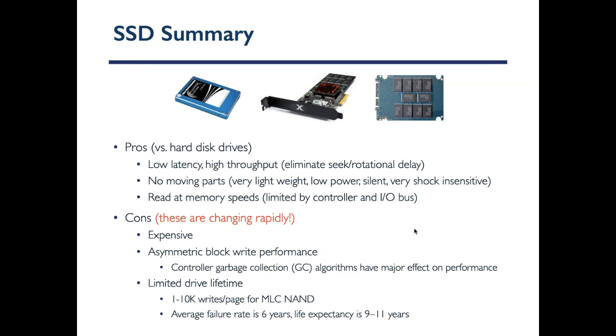Expensive, a little bit more expensive. The gap is closing. In fact, you don't have the same performance for writes compared to reads. That's basically kind of annoying, that your writes are different than your reads, but that's what it is. And then you have actually limited life cycle for your NAND cells.